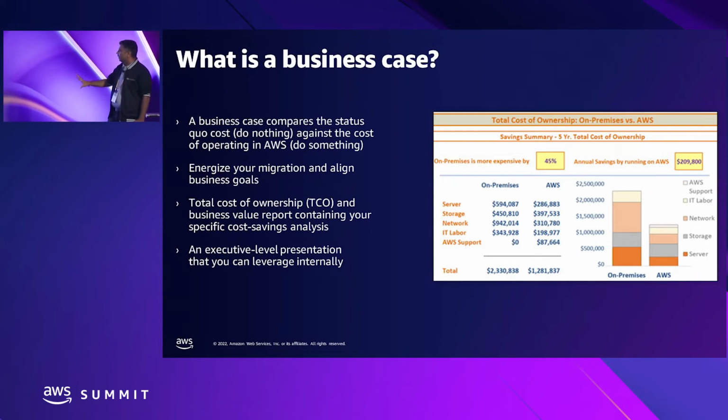And essentially for this anonymous customer, running their application on-premise is 45% more expensive compared to if they run their application on AWS Cloud. So these are the data points. This is essentially collecting those data points, creating a business case which should make sense for customer to move to the AWS Cloud.